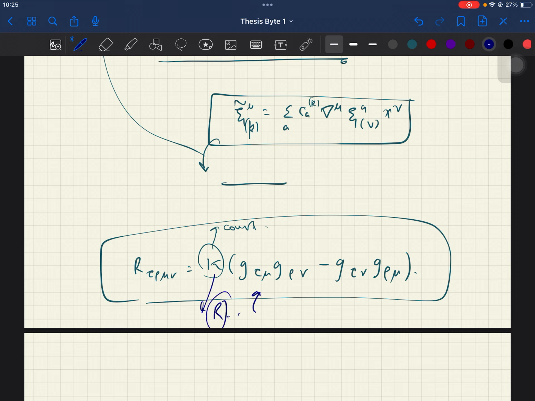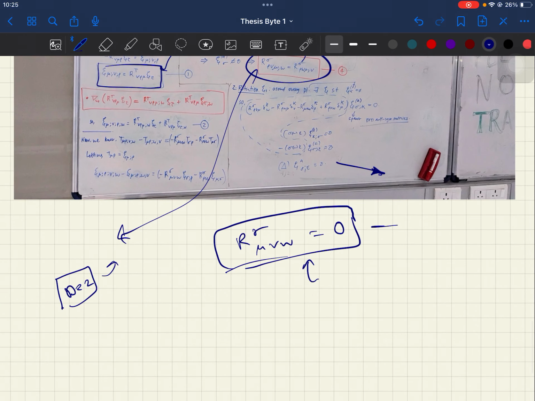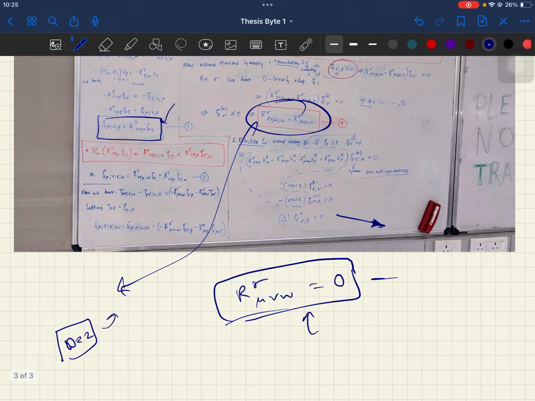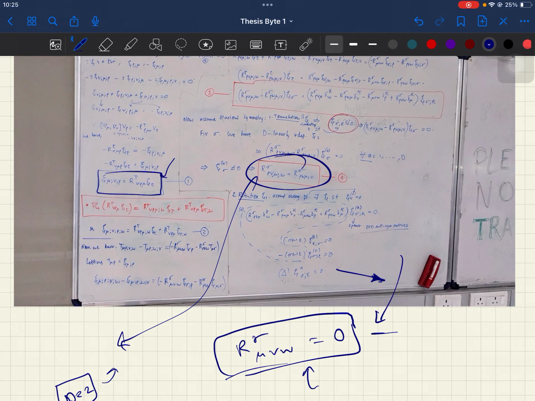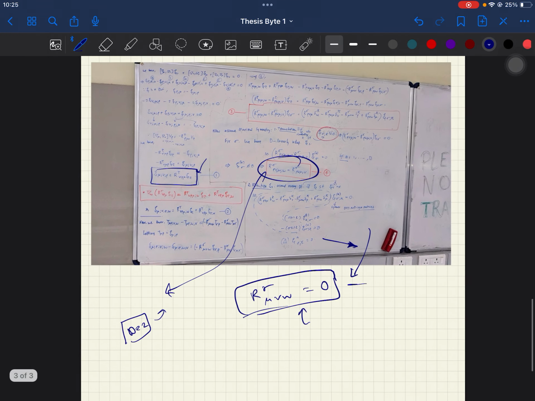R may not be constant, but for d equals 2, this form is generally true, and substituting the other properties, you get the d equals 2 condition. The d not equal to 2 condition is pretty straightforward from these calculations: the scalar curvature is constant, and this is given by r into d minus 1. This is constant, and that's how it is derived.